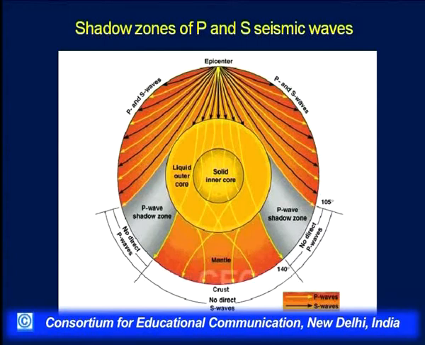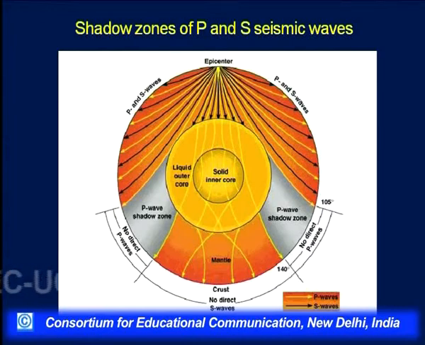They do not pass through the core, whereas the primary waves continue to travel through the core, but at a different angle, because refraction has taken place at the point where they enter the core from the mantle, that is the outer core. Then again, when they enter from the outer core to the inner core, you can see that the angle of the waves is changing.